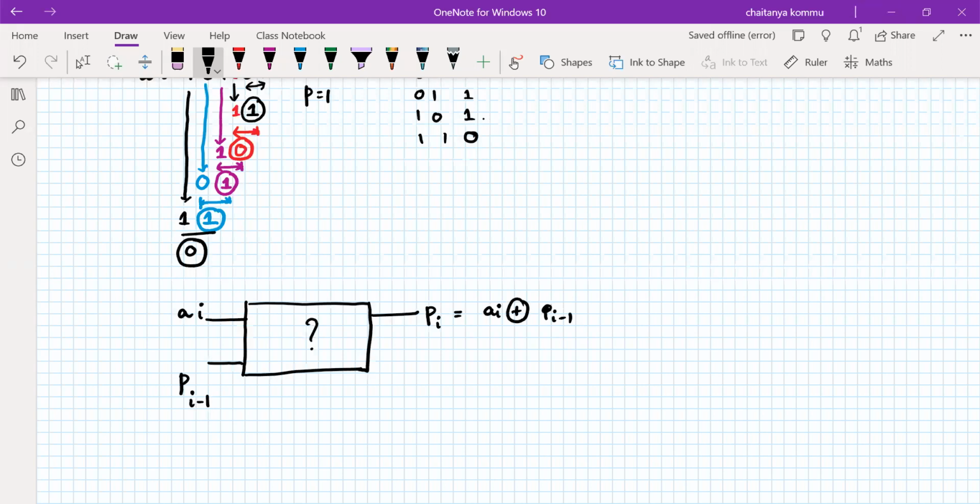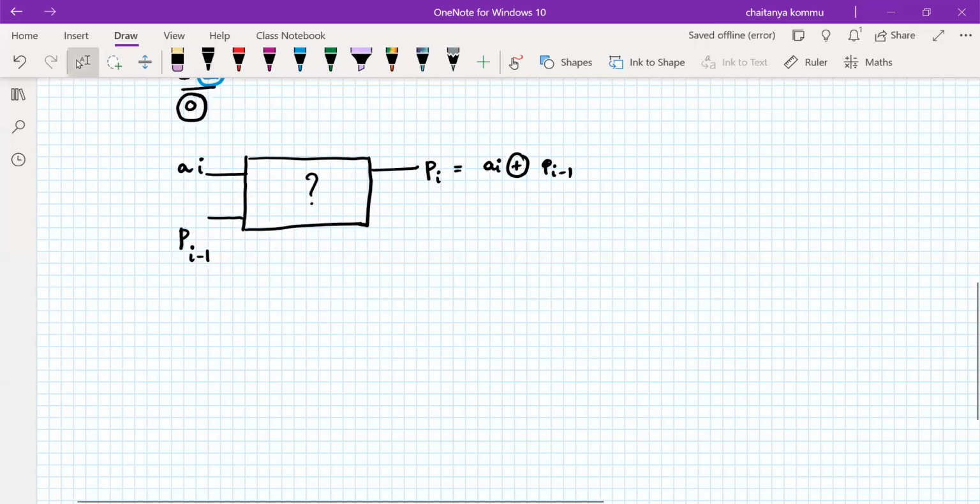Okay, this is for a single bit of information that we are talking about. If it is a multi-bit information, what should the structure look like? Let us write like this. So for an n bit number, this is something like this.